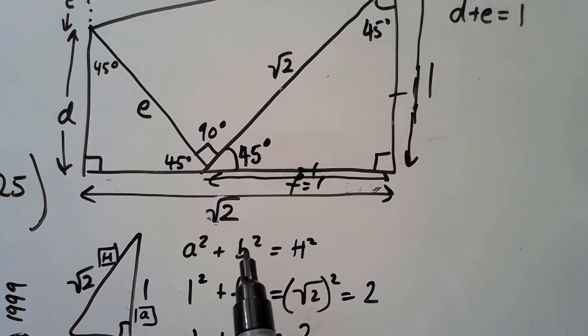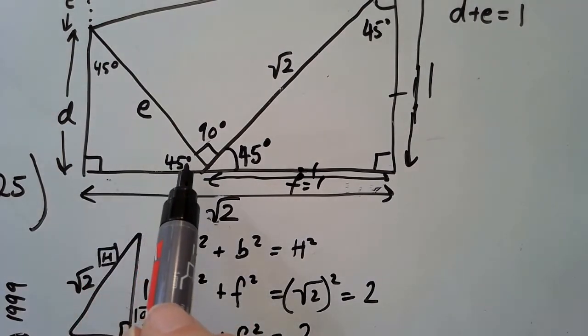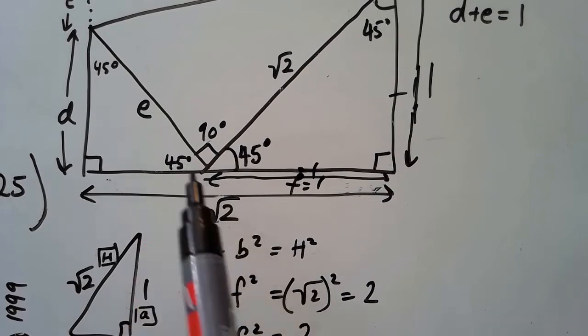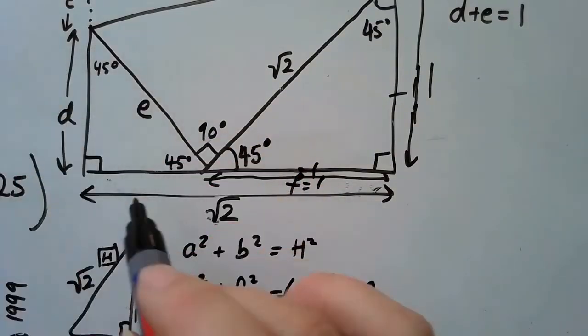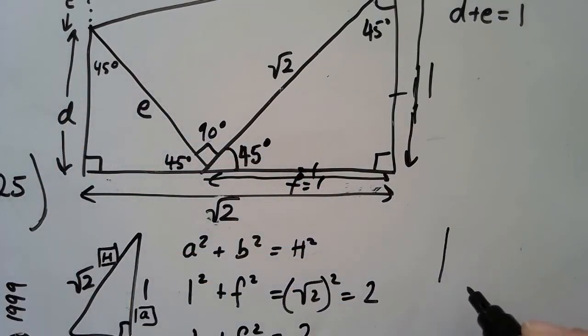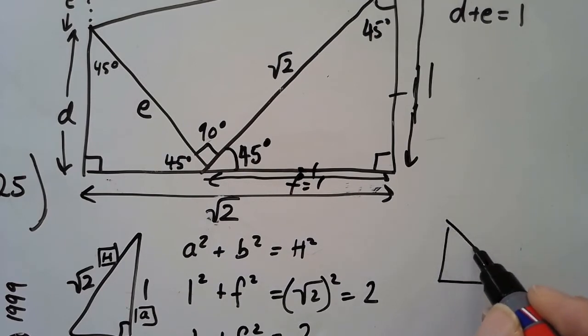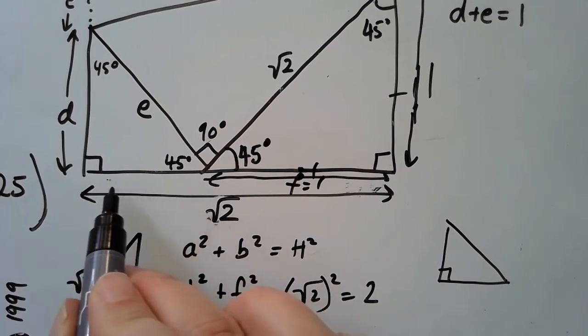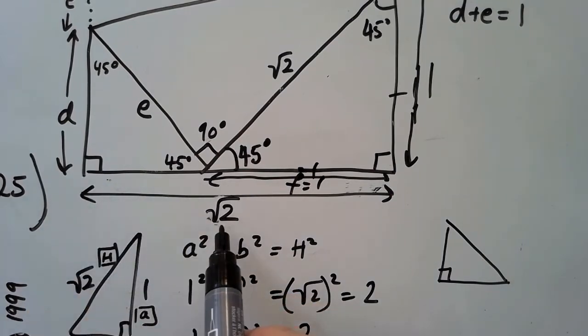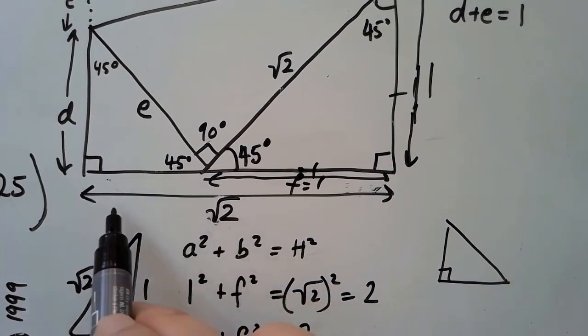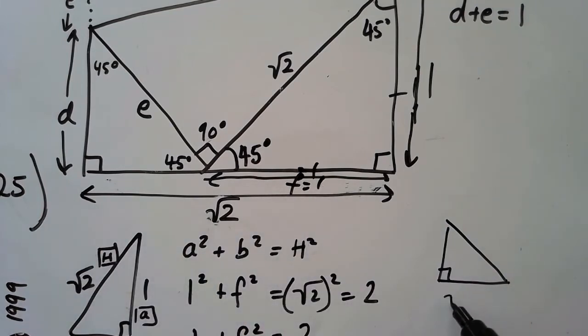Once we've got that, we can draw out this triangle here. We know this length at the bottom here is going to be √2 subtract 1, because that's the whole length, subtract 1.